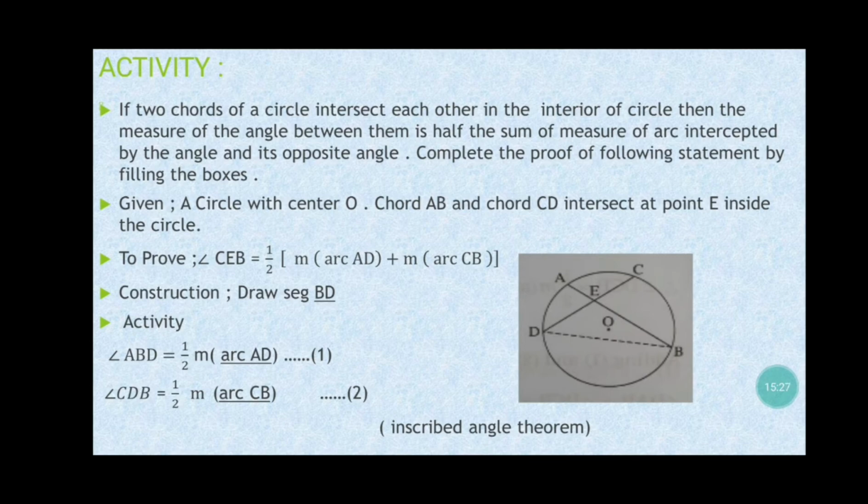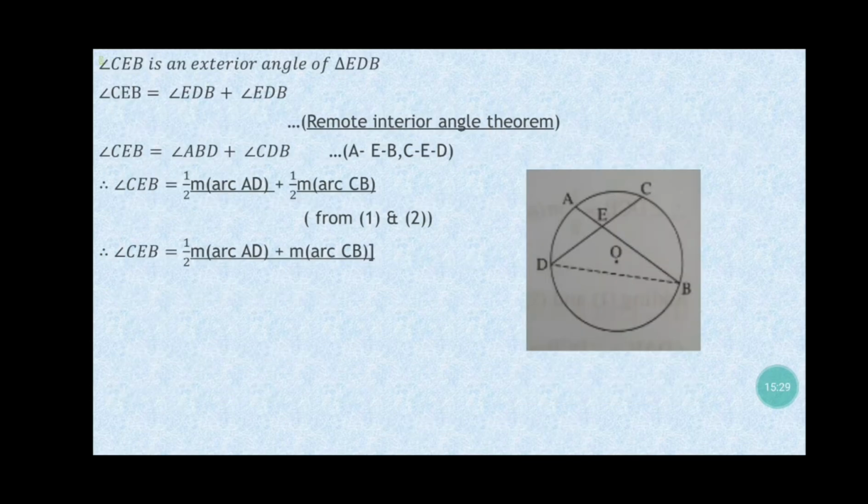Half is common, so the equation turns out to be angle CEB is equal to half of measure arc AD plus measure arc CB. I hope I am clear.